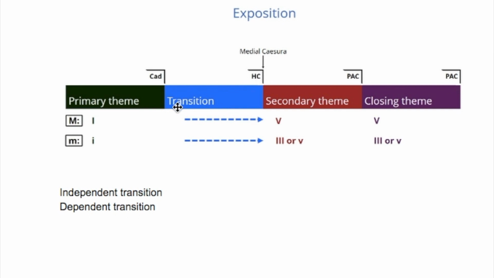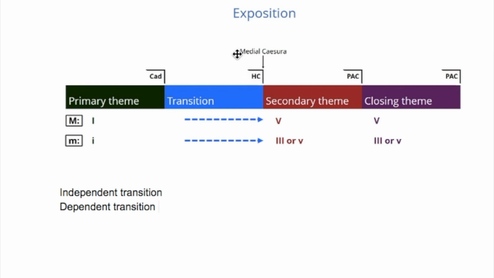And the transition builds up the energy, and usually the transition will arrive at a strong cadence. Oftentimes it's a half cadence of the new key, because with a strong half cadence, when the new tonic comes in, it will sound like a sense of resolution to that. And also possible is a perfect authentic cadence in the new key, because that will provide a very smooth transition into that.